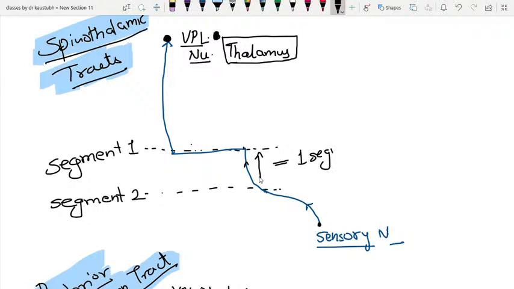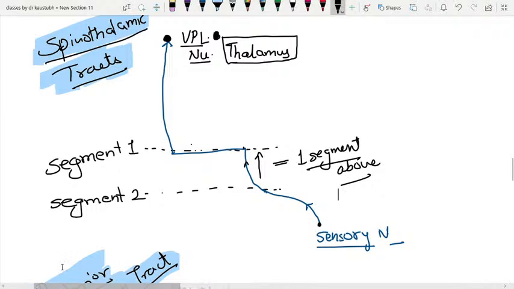One segment above, it crosses to the opposite side, extending above and ending in the ventroposterolateral nucleus of the thalamus. This is how it is going to go.